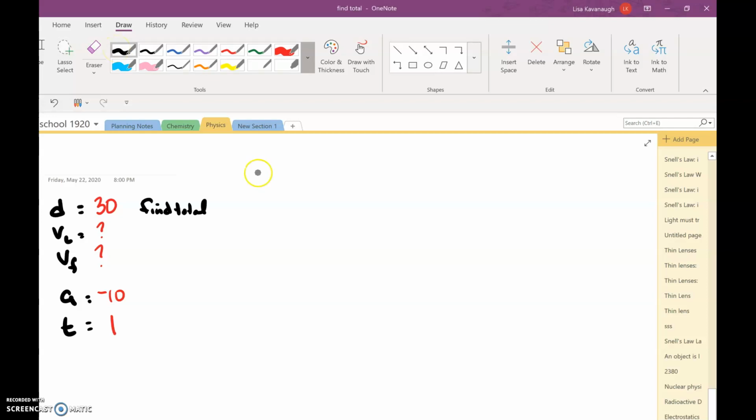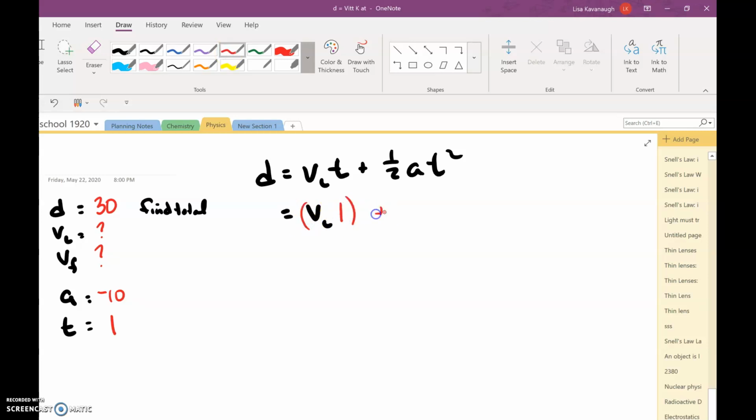So that lets me know that my distance traveled, this is V initial, D equals VIT plus 1/2 AT squared. And my initial velocity, I don't know. My T is 1 plus 1/2 times -10 plus 1 squared equals 30.